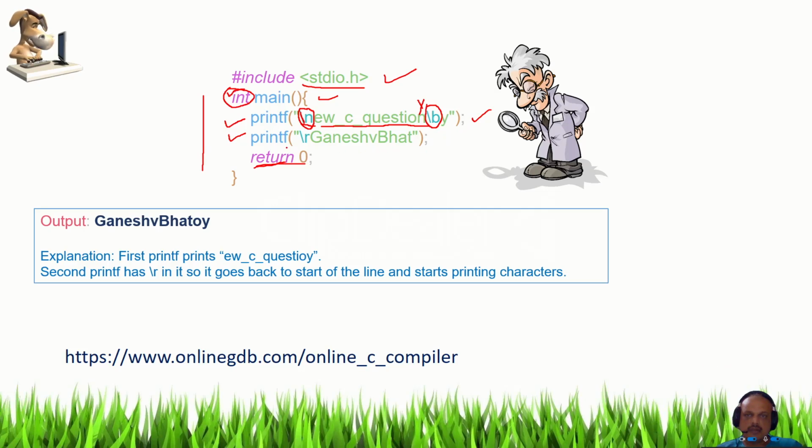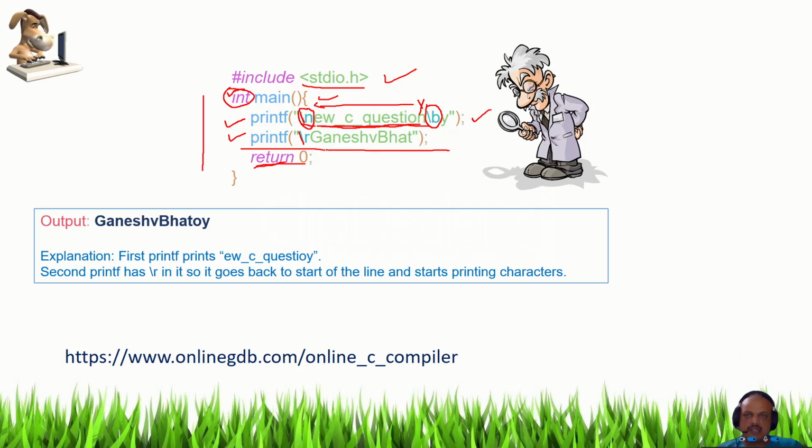Next it goes to the next line and starts inferring what to do with this line. The compiler then comes across what is known as \r. \r is basically return. So what the compiler does is, having printed out this value EW_C_Q_ESTIOY, it goes all the way back to E and starts printing characters from there on.